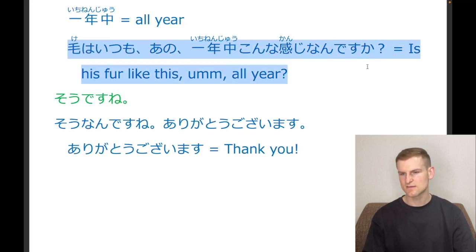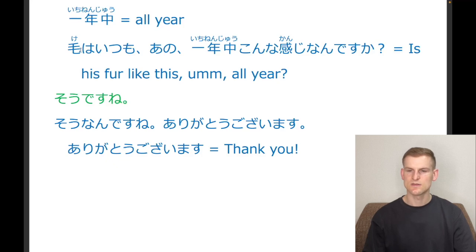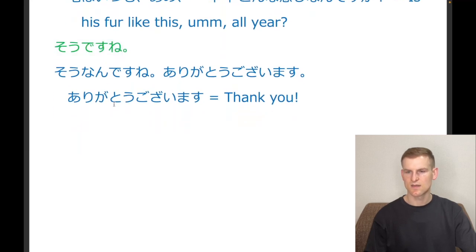Is his fur like this all year? So here, I wanted to say is this fur always like this, but then I wanted to be more specific, so I say what I really wanted to say, 一年中, all year, こんな感じなんですか? Is this fur like this all year? そうですね, yeah, that's right. そうなんですね, it's like, oh, cool.